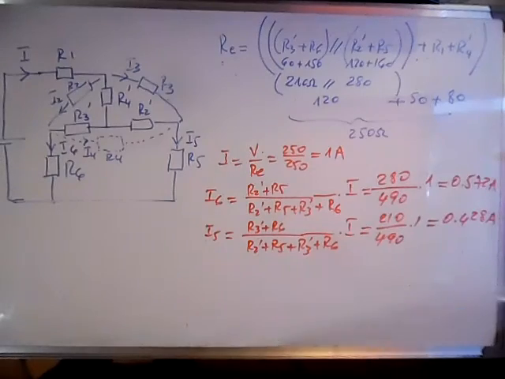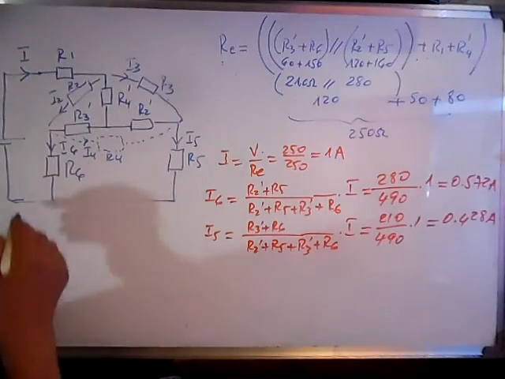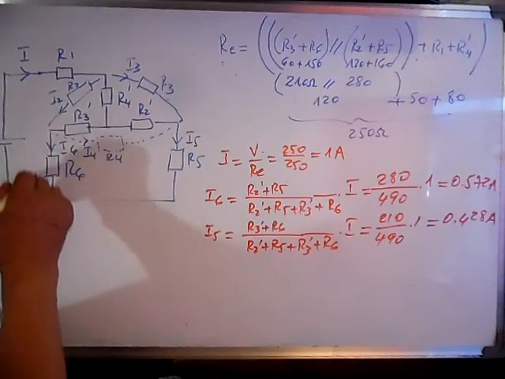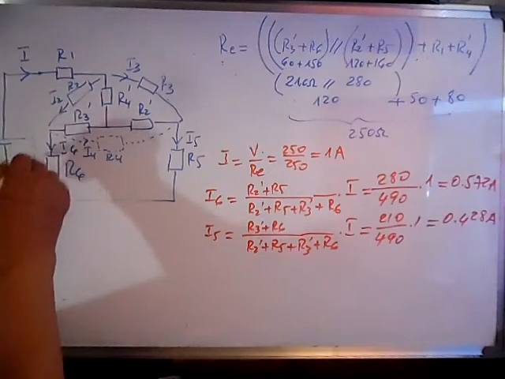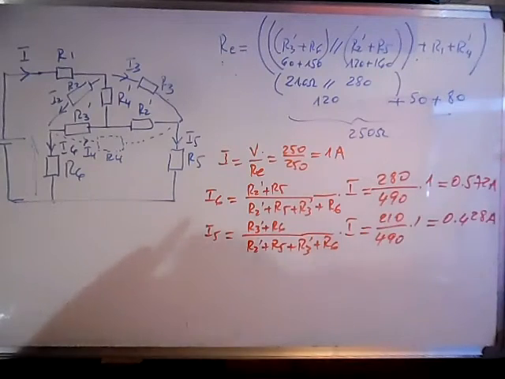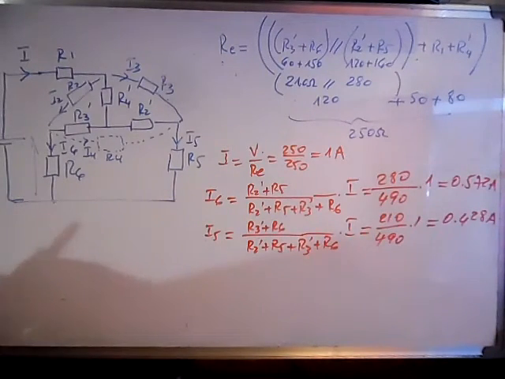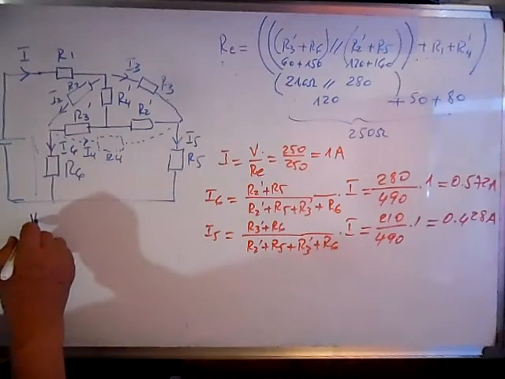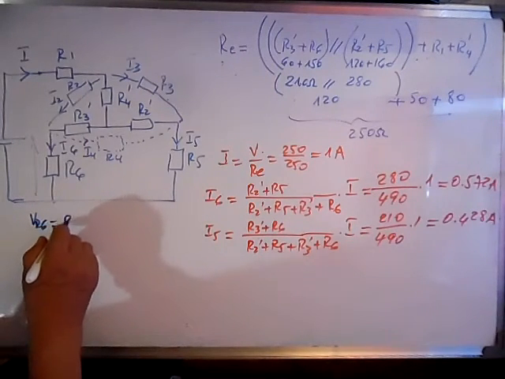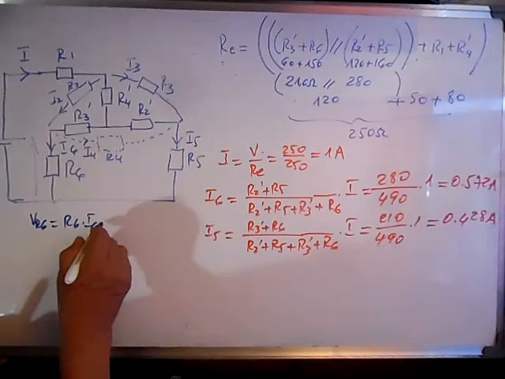So let's start by calculating I2 by calculating the voltage drops. The voltage drop VR6 is R6 times I6.